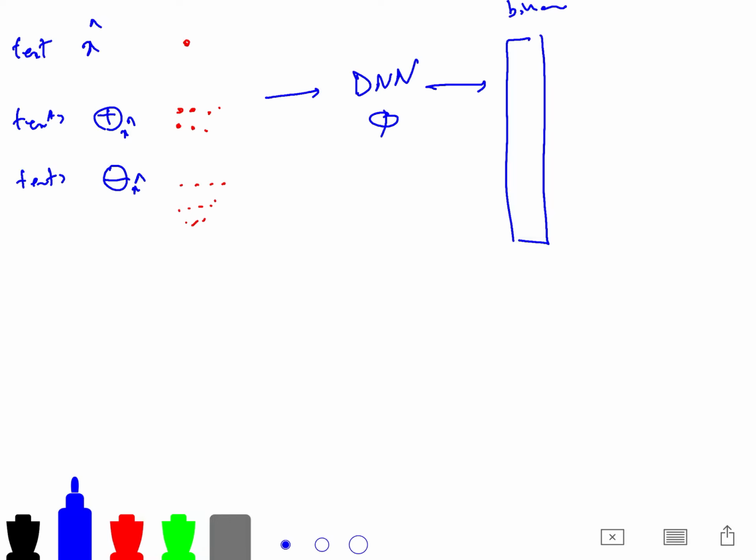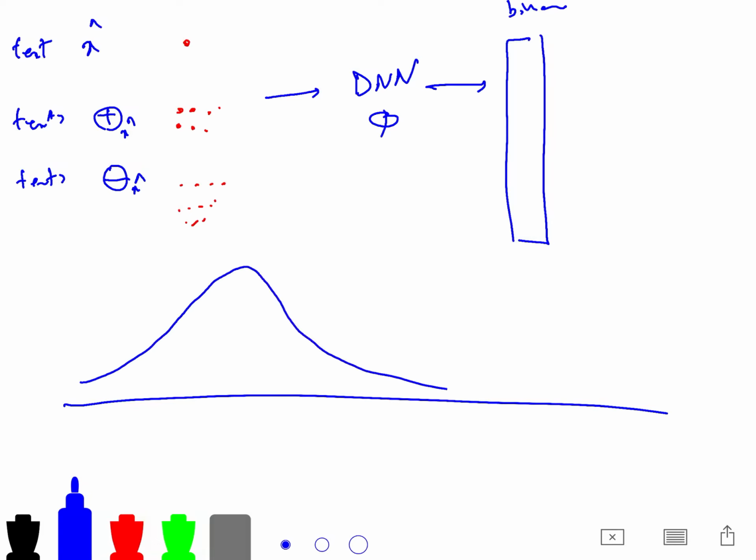What is interesting for me is that it has a distribution. The other one is this. And what are these distributions? This is the distribution of d of phi of x and x hat, because it could be anything, but it is a conditional distribution.